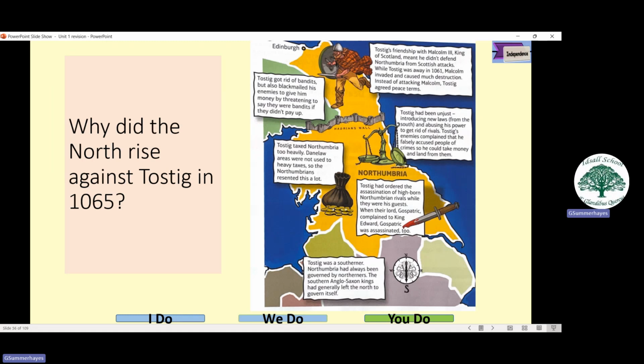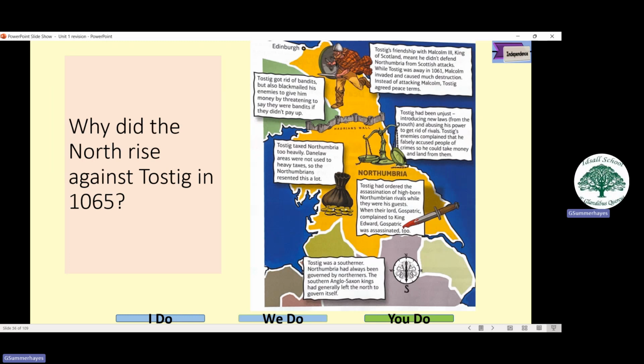And he introduced new laws, southern laws, got rid of his rivals, falsely accused people, ordered the assassination of Northumbrian rivals, and when people complained, he got them killed too. He was taxing people a lot, which the Danes weren't used to.